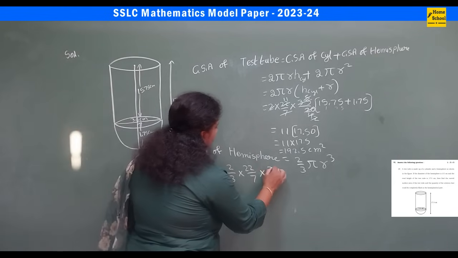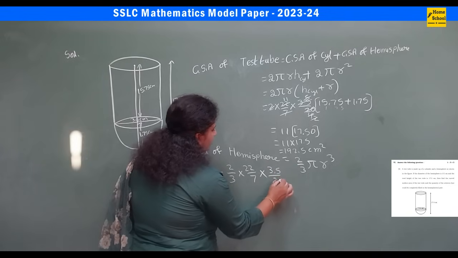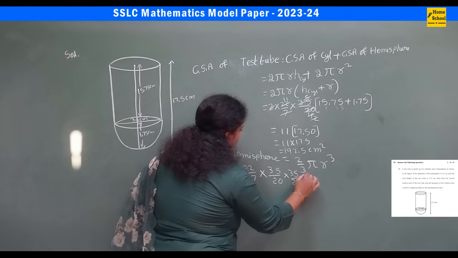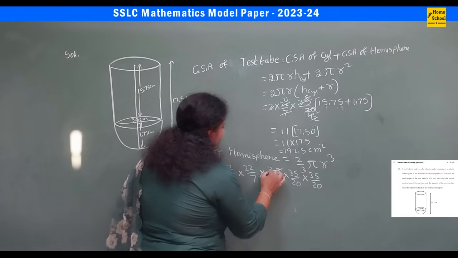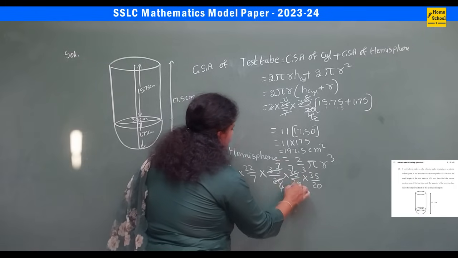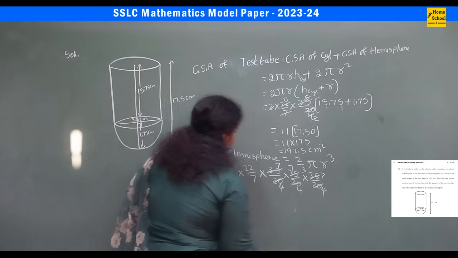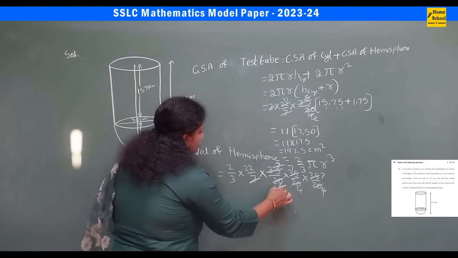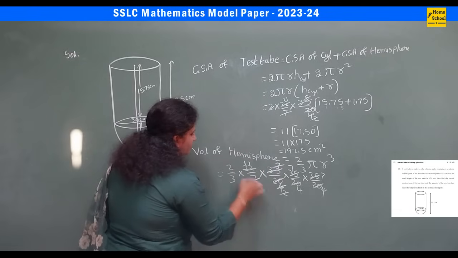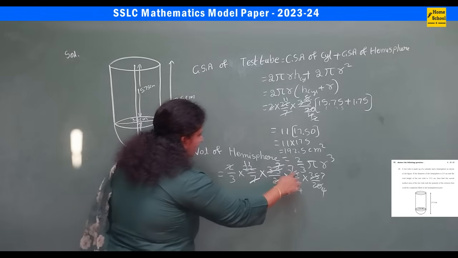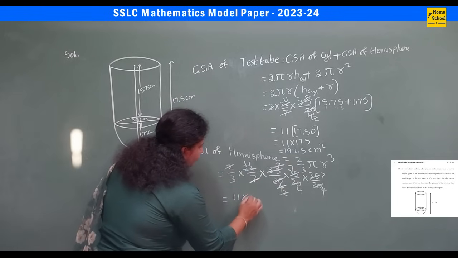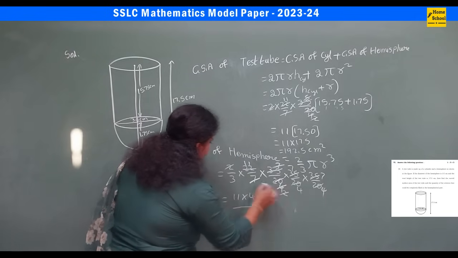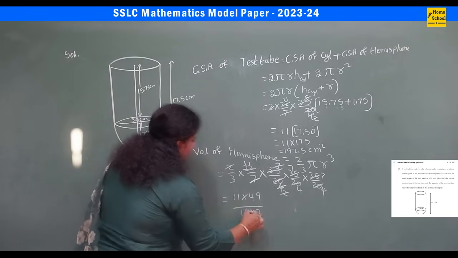So let me go with 3.5 by 2. 3 times I will write this, that means r cube. 5 sevens are 35, 5 fourths, 5 7 fourths. It's easy to calculate. 1 7, 1 7 will be cancelled. 2 twos are 4, 2 11s are 22, 2 2 will be cancelled. And you are left with 11 into 49 by 4 fours are 16, 16 into 3.